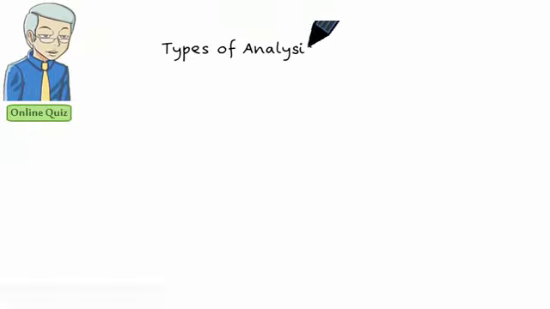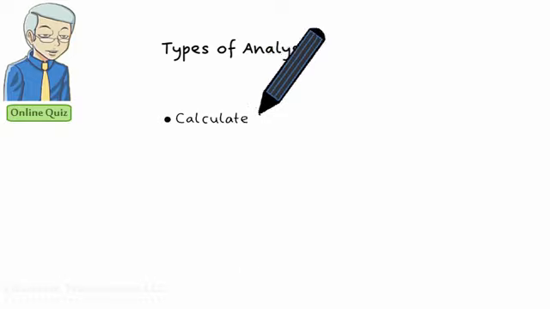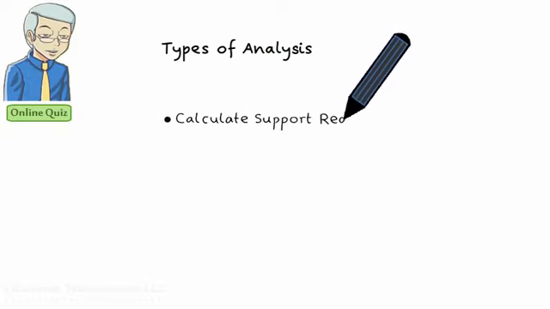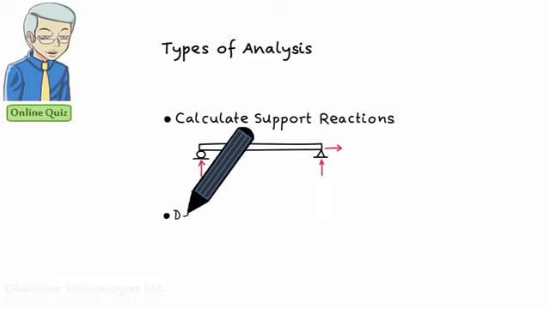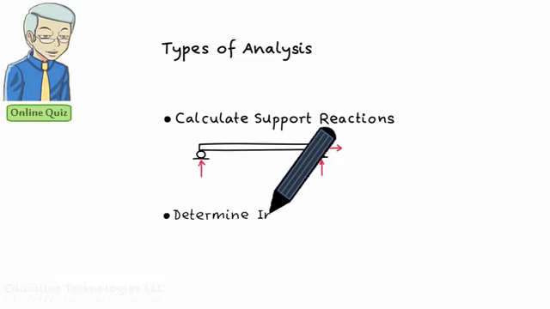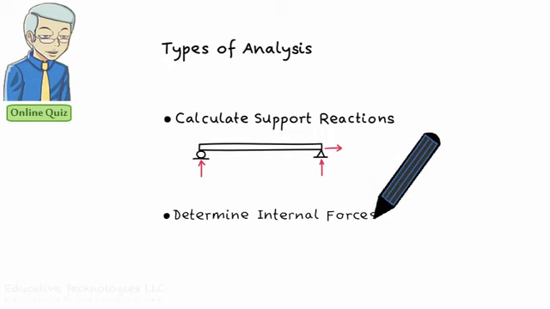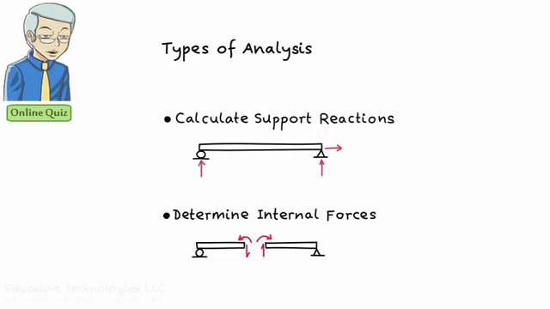For our purposes in this lecture, beam analysis involves calculating support reactions and the internal forces. How do we handle these calculations when the beam is subjected to a distributed load?